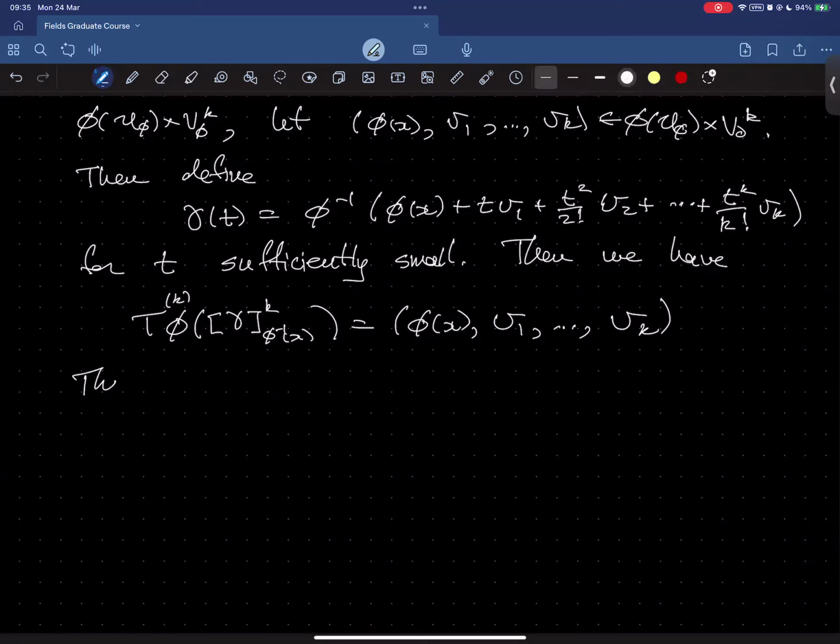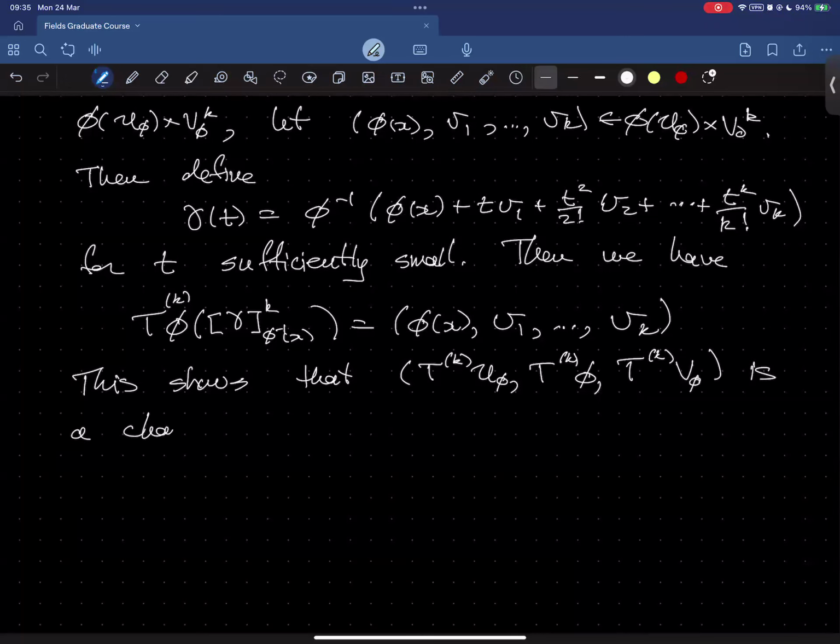So this shows that T^k phi on T^k U_phi is a chart, because all it needs to do to be a chart is be injective with open image in the chart codomain. All right, so now let's consider the overlap condition.